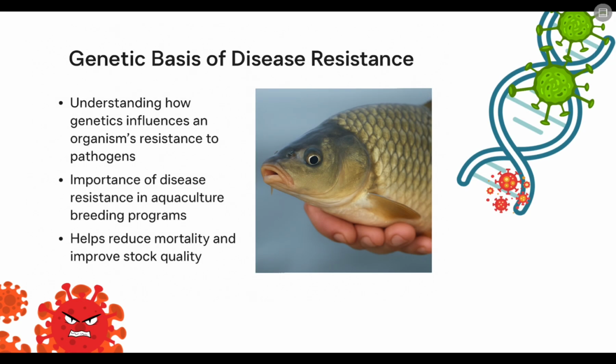How genetics influence resistance to pathogens. So, as we all know, disease resistance refers to an organism's ability to fight off infections, and this ability is strongly influenced by its genetic makeup. It is important in aquaculture breeding because diseases can rapidly spread in high-density fish environments.